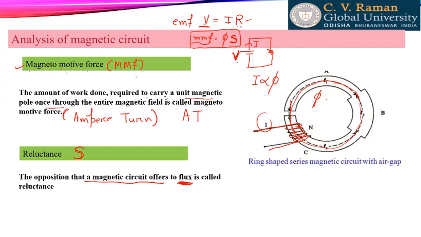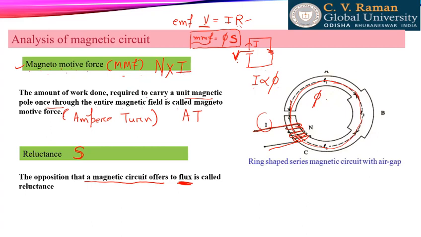So I hope all of you can understand this point, that when current is flowing through this winding, flux is produced. So current is directly proportional to flux. If number of turns is more, more flux will be produced throughout the circuit. So this MMF is nothing but number of turns multiplied by current.